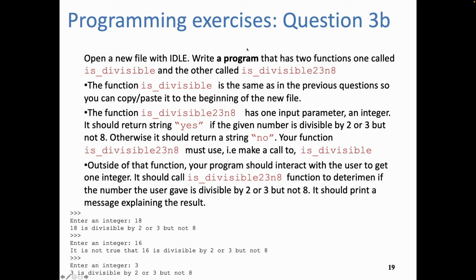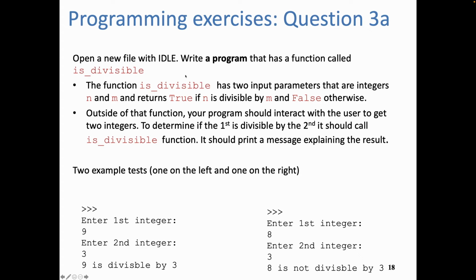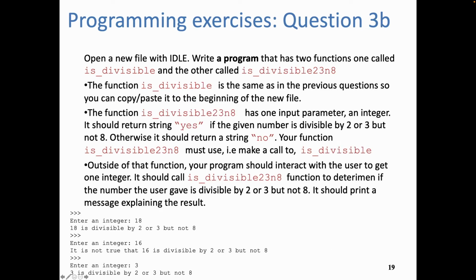Okay, it's still this question, but it's the second part. Open a new file with IDLE. Write a program that has two functions. One is called isDivisible, which is the function you have written. And in this part, you have to write another function named isDivisible 2, 3, and 8.